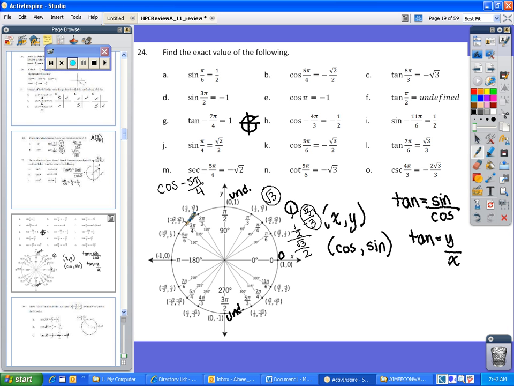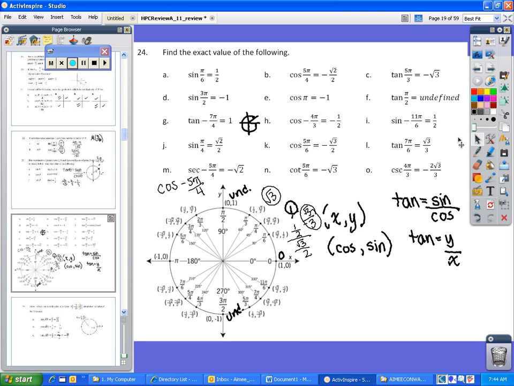And then I know that secant is the reciprocal of cosine. So I'm going to flip root 2 over 2, and the reciprocal of that is 2 over root 2. If I rationalize the denominator, I'm left with 2 root 2 over 2, and the 2's cancel out, and I'm left with just negative root 2.